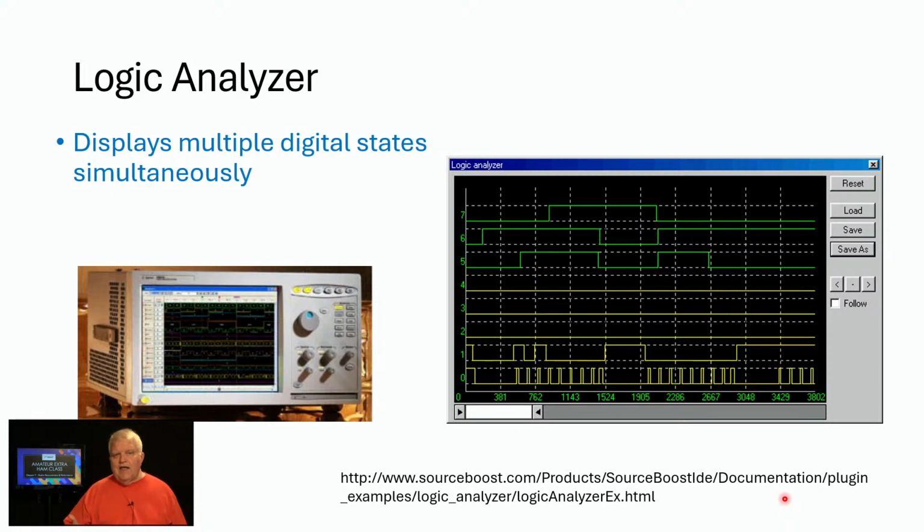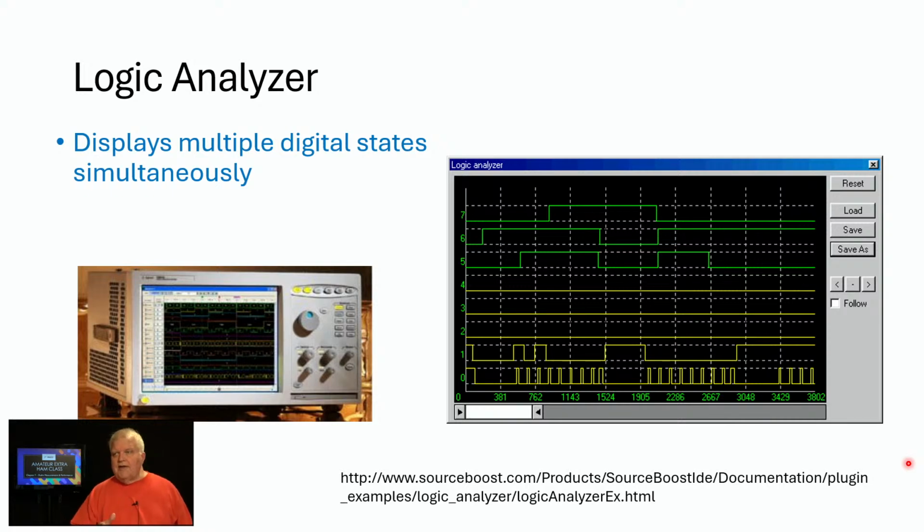And so a logic analyzer might have 16 or 32 or 64 inputs, usually on cables coming off the back of it, and you can display all these various signals and their timing all at the same time. That's a logic analyzer, kind of a specialized form of an oscilloscope.